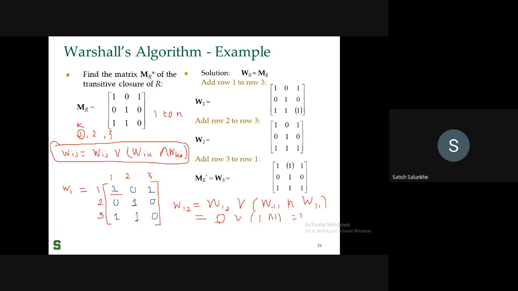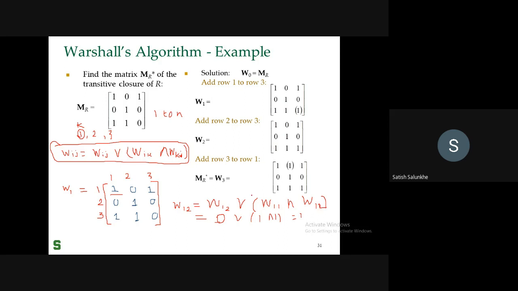So it is i comma k and k comma j. So 1 comma 1, i comma k, 1 comma 1, and k comma j. K value is 1. So k comma 2, k value is 1, 1 comma 2. So this will become 1 comma 2.